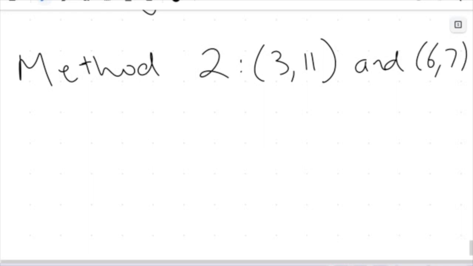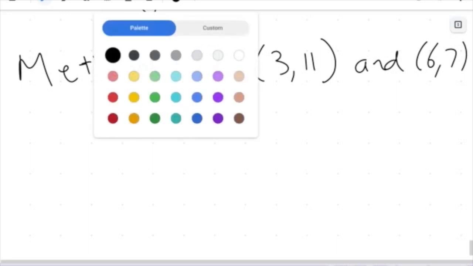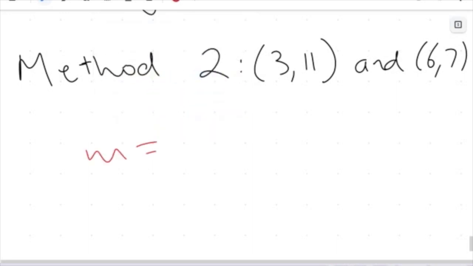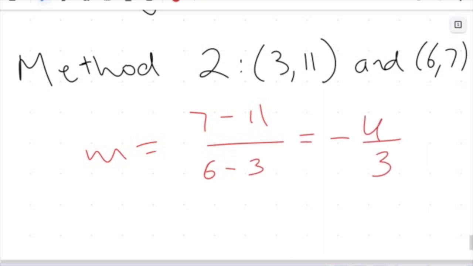What we're going to do now is we can still find the gradient, but we're going to use one of the other points to come up with an equation. And I'm going to show you how in just a second. So we can solve for the gradient in the same way. So 7 minus 11 over 6 minus 3, and we get the same negative 4 over 3.